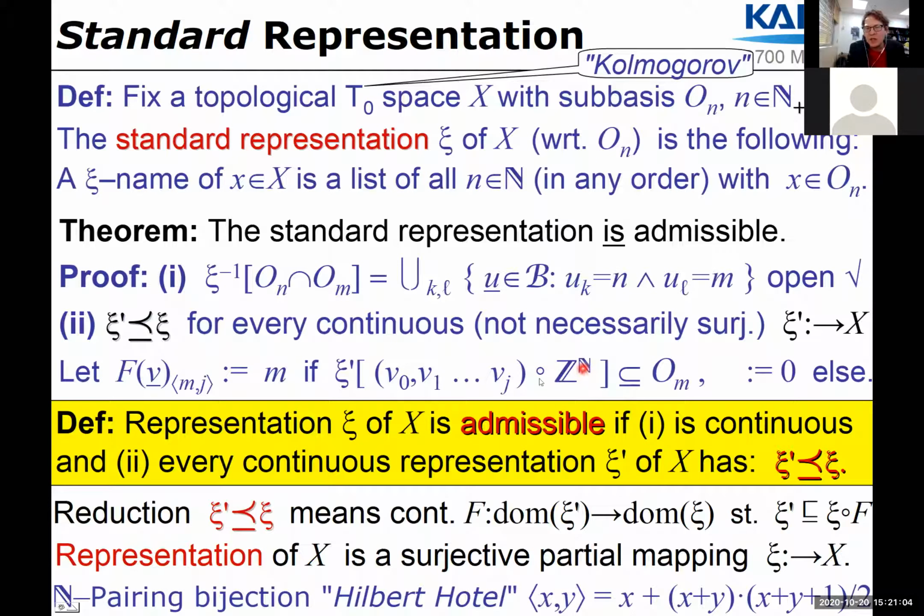This here means append, concatenate, and this means an arbitrary infinite sequence of integers. Then we take the image of that set. This is a subset of Baire space, a set of infinite integer sequences. We take the image of that under our arbitrary but fixed representation psi prime, which we only know to be continuous. And we check.